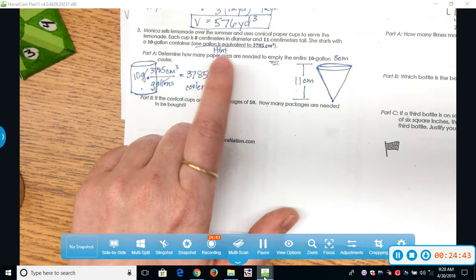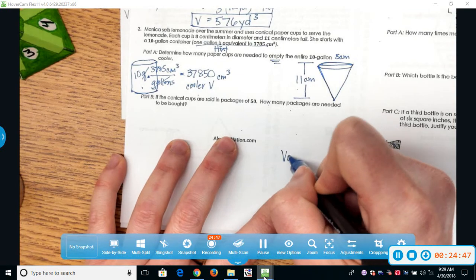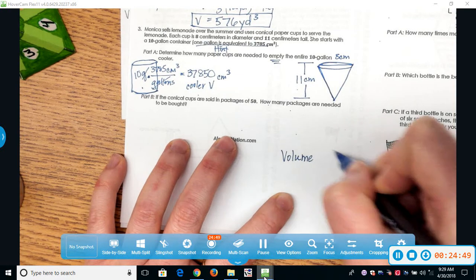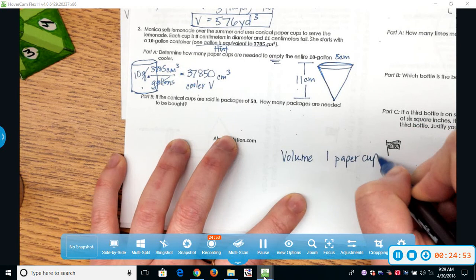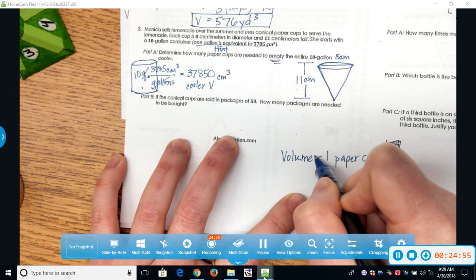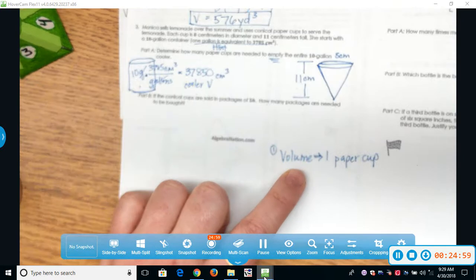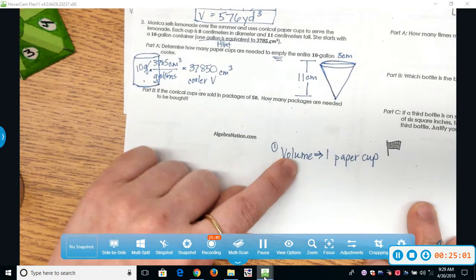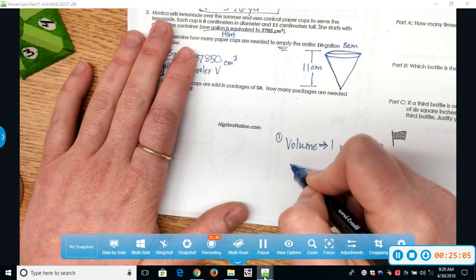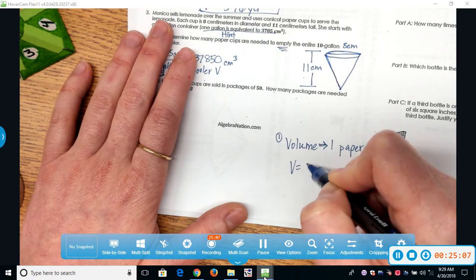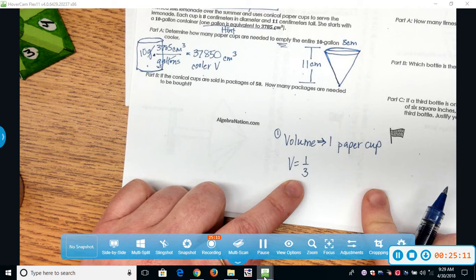So next I need what the volume is of 1 paper cup. I need to calculate that. All right? So then I can divide it out. So, volume for a cone, it gets skinnier, so it's got that 1/3 factor.